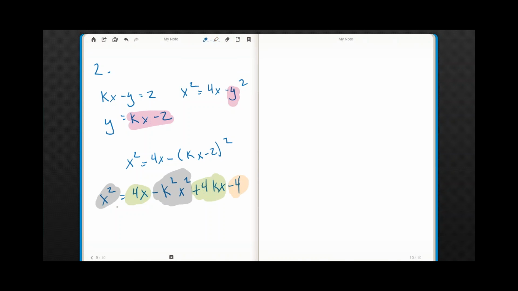So when I rearranged these, I had 1 plus k squared times x squared plus -4 minus 4k x plus 4 equals 0. That gives me my values of a and b and c for the quadratic formula.